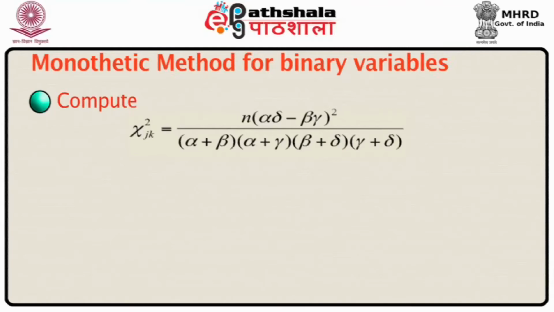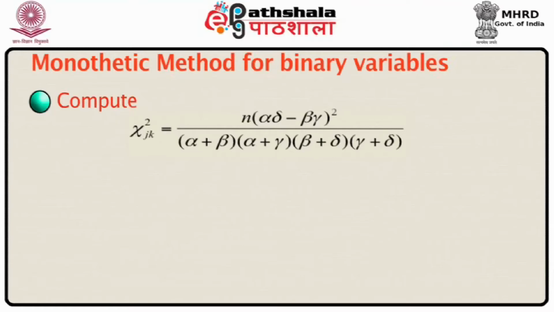So alpha plus beta is the number of individuals who have the characteristic j, and similarly for the others. In this case, of course, the denominator acts as a norming factor, so we are more concerned with the numerator.